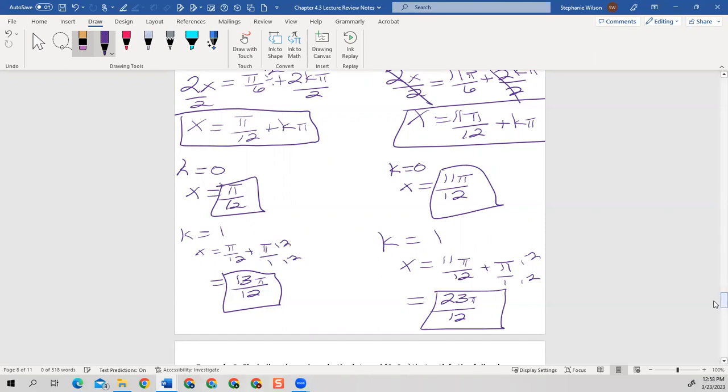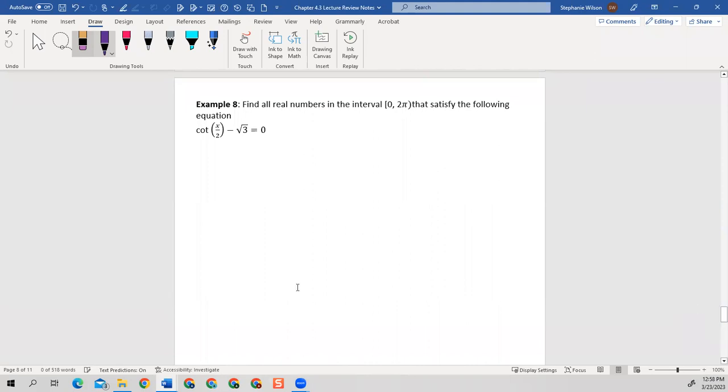All right. Let's solve our next question. Our next one says, find all real numbers in the interval of 0 to 2 pi that satisfy the following equation. So the equation is cotangent. Let's get it written in the format of cotangent inverse.